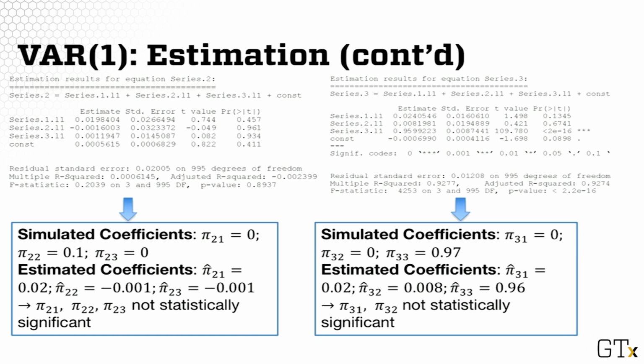For time series 3, the true parameters are 0, 0, and 0.97 as provided in the third column of the pi matrix. The estimated coefficients are 0.02, 0.008, and 0.96, where the first two coefficients are not statistically significant since their p-values are large, and thus are plausibly equal to 0 as in the simulation model.